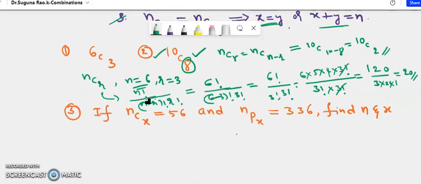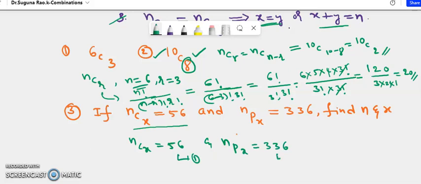Next, the third problem is: if nCx equals 56 and nPx equals 336, find the value of n and x. Here given nCx equals 56 and nPx equals 336. This is the first equation, this is the second equation. By using this information, we will find the values of n and x.